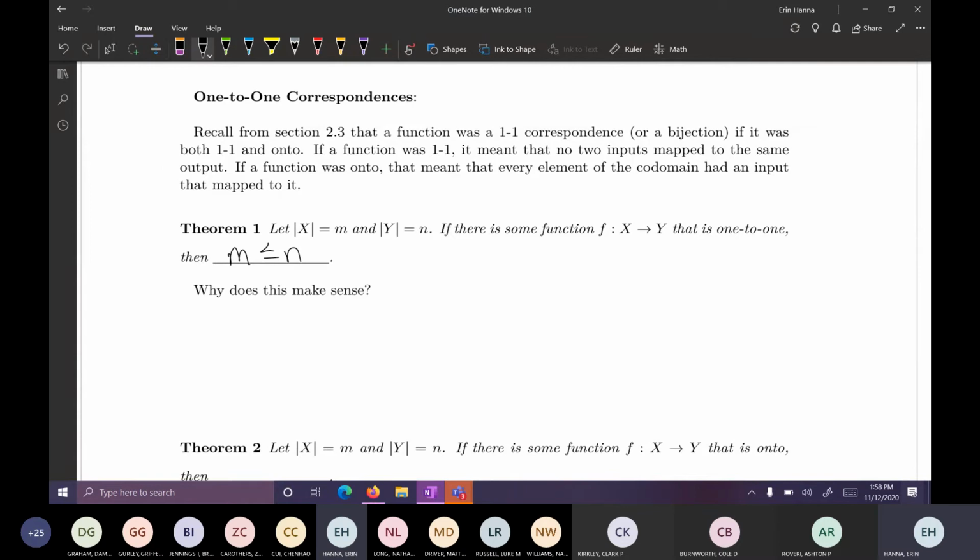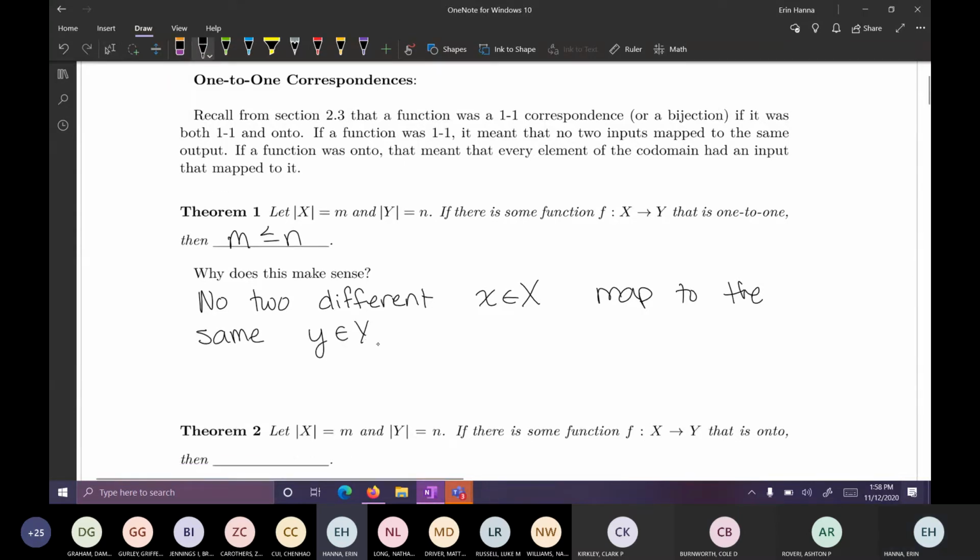So essentially, if we think about what it means to be one-to-one, that would mean that no 2 different X's in X map to the same element Y in our codomain set. So essentially, if no Y value gets mapped to more than once, there must be at least as many Y's as there are X's.